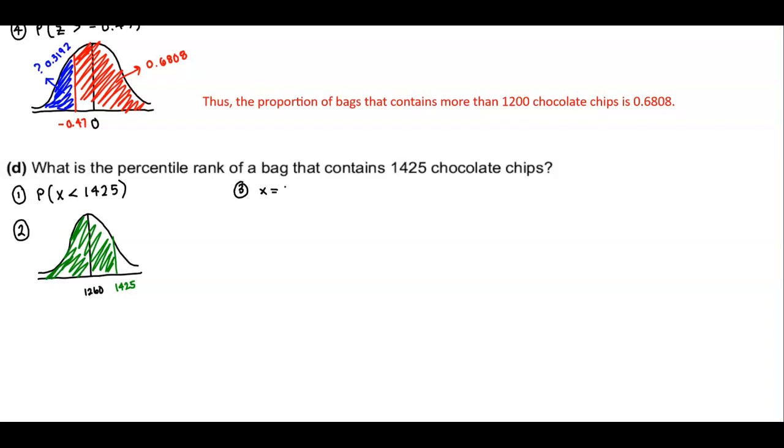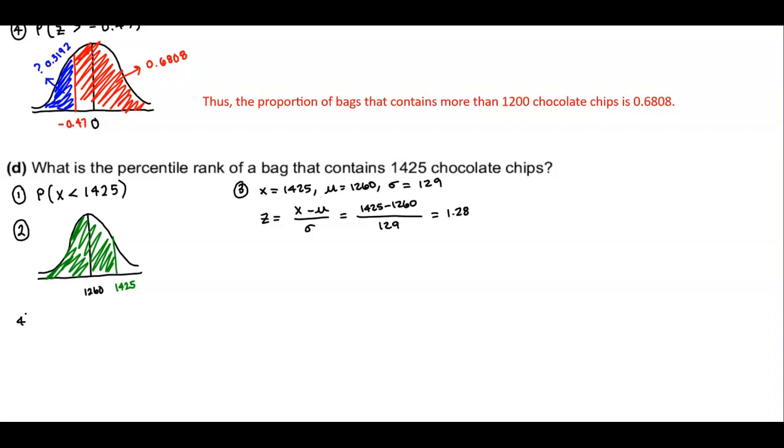We know that x is equal to 1425, our mean is 1260, and our standard deviation is 129. So using our formula, z equals 1425 minus 1260 over 129. And that gives us, rounding it to 2 decimal places, 1.28.